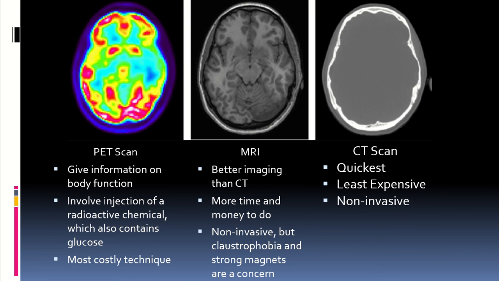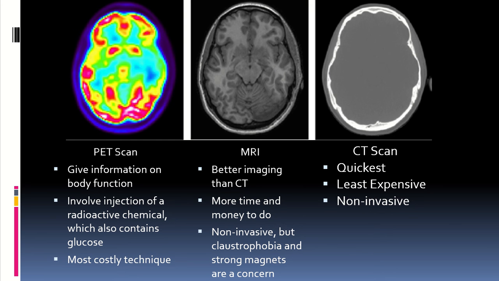And it involves the injection of a radio tracer, which usually contains glucose, which could prevent this particular type of imaging being done on, say, someone who is diabetic. And it is also the most costly of the three imaging techniques.